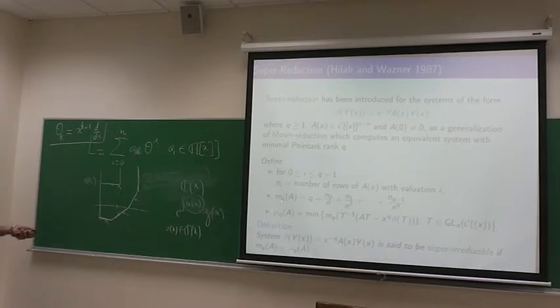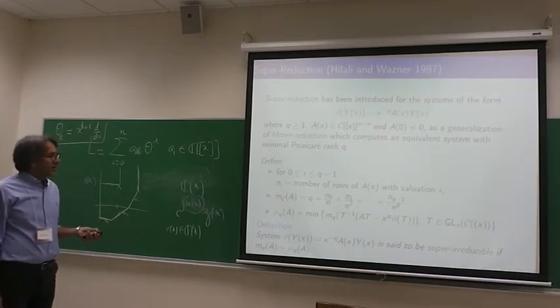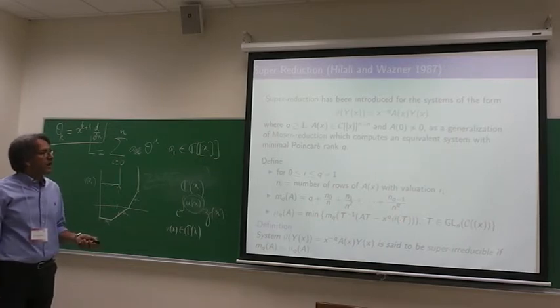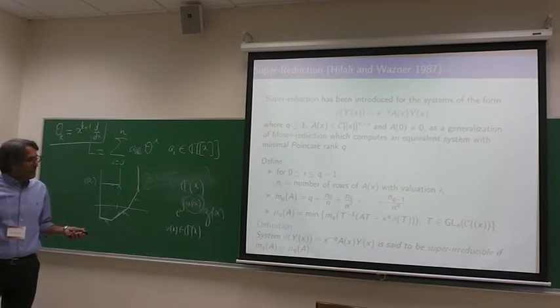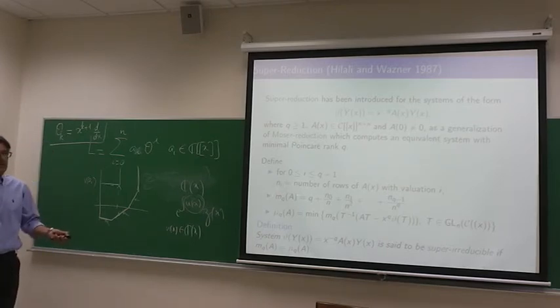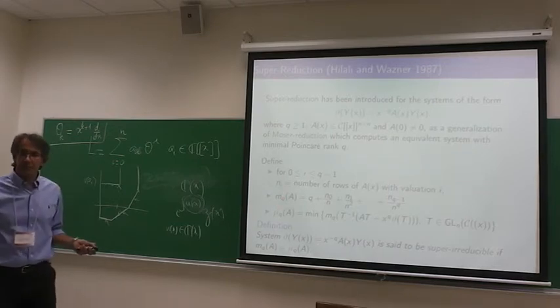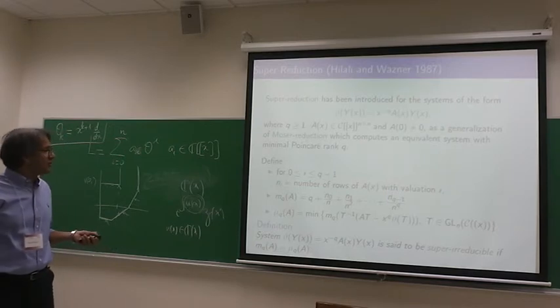This is not an invariant of the system, but if you look at the minimal quantity m sub Q among all the elements of the orbit of the system under the action of the gauge group, then this mu is invariant. And when m is equal to mu, this means when this quantity that you obtain directly from the system is minimal, the system is said to be super reduced. Okay?